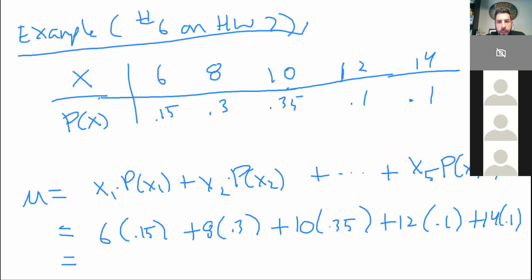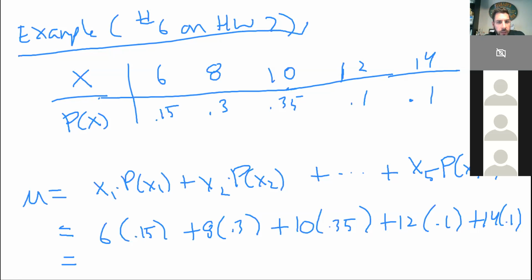So if I go to a calculator and add these up, it's 6 times 0.15 plus 8 times 0.3 plus 10 times 0.35 plus 12 times 0.1 plus 14 times 0.1.